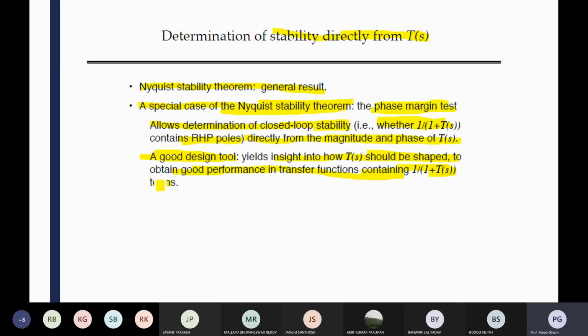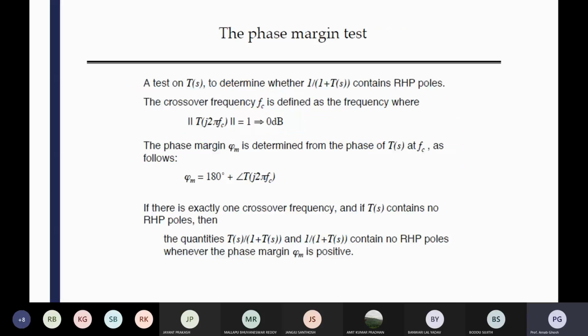The phase margin φm is determined from the phase of T(s) at fc, the gain crossover frequency: how much it deviates from your 180 degree line. Phase margin is 180 degrees plus the angle of T(j2πfc). At the crossover frequency you have to find that angle in the phase plot, and how it differs from 180 degrees gives the phase margin.